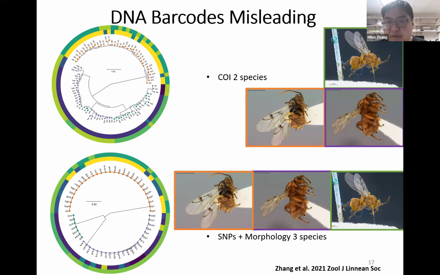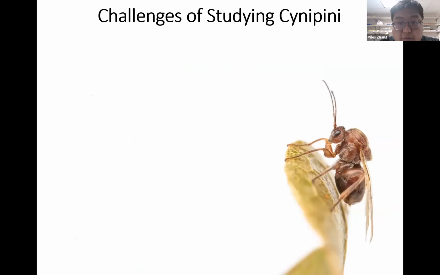They use Cyt B as a mitochondrial gene, and then a few other nuclear genes. Some people relying strictly on CO1 are even suggesting describing new species just based on barcodes. Well, here's an example of why that will not work.